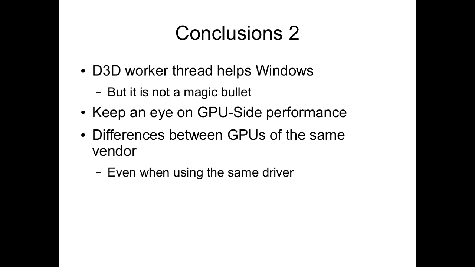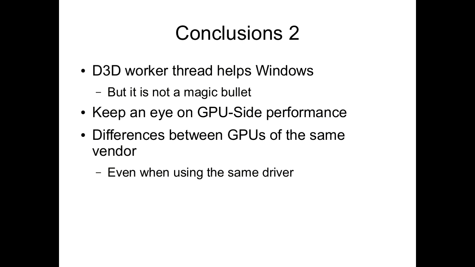Another conclusion I took was that the worker thread really helps Windows, but it's not a magic bullet. There seem to be game-specific problems, where Half-Life 2's performance sucks, but other games aren't affected. And I should keep an eye on GPU side performance.